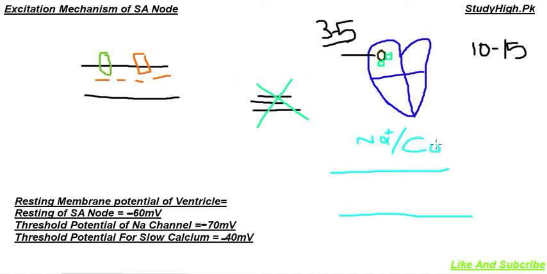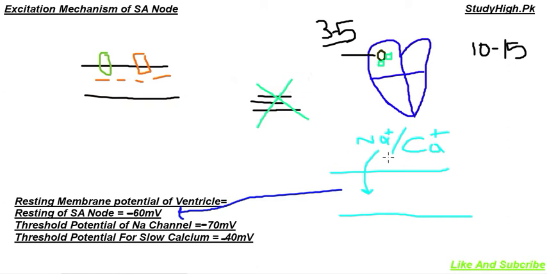Because its cell membrane is permeable to calcium and sodium ions, they can move with ease inside the cytoplasm of this cell. As a result, its resting membrane potential is minus 60 millivolt, not minus 90 millivolt as occurs in ventricular muscles. So this is the first thing, that its cell membrane is different from other types of cell membranes of atrial muscles and ventricular muscles, as it is permeable to sodium and calcium ions.